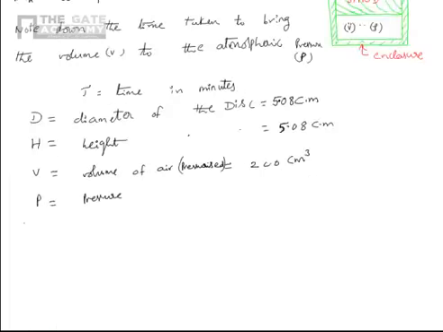So permeability number, how we need to calculate? Permeability number Pn equal to VH by PAT. V is the volume, H is the height, P is the pressure, A is the area, and T is the time.